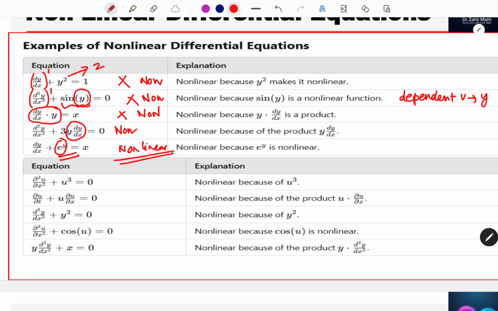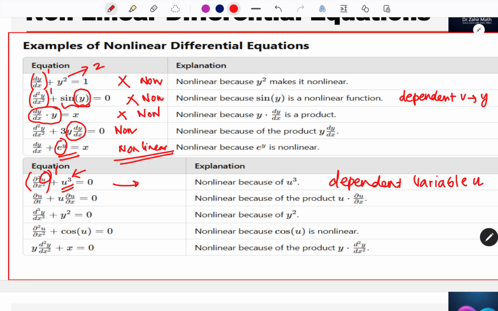Let's go through some more examples. Suppose you change the dependent variable y to another variable. Look at this differential equation. What is the dependent variable? The dependent variable is u. Can you see that? So you have to treat u as the dependent variable. Even though this power is 1, the dependent variable u has a power more than 1.